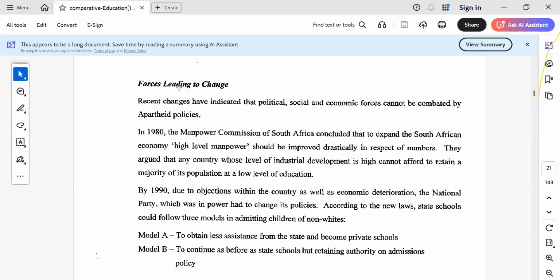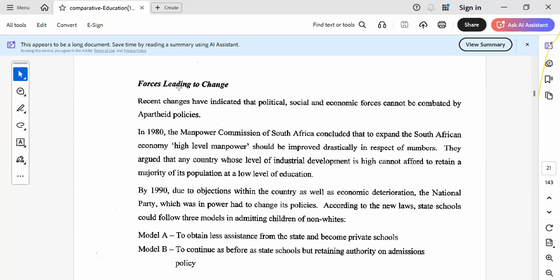In 1980, the Manpower Commission of South Africa concluded that to expand the South African economy, high-level manpower should be improved drastically in respect of numbers. So the blacks, almost 71.2%, are working as laborers, the productive people.